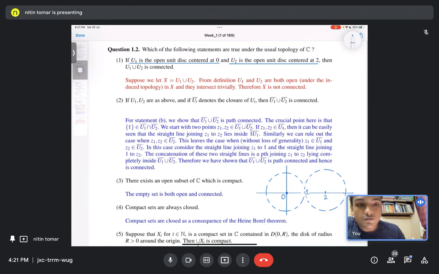So the question is: is u1 union u2 connected? The answer is clear. You can go by the definition itself. Let X be the set u1 union u2.